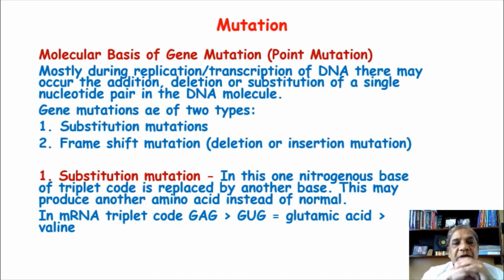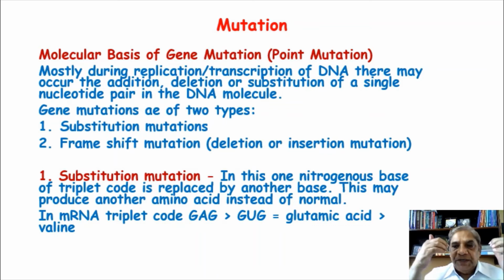For example, if from DNA the codes were copied by the messenger RNA when it was forming, then instead of the code GAG, here the A will be replaced by U, so the code will be GUG.